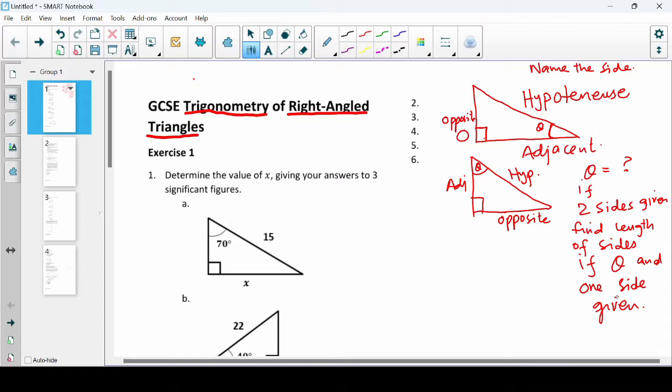So using the trigonometric functions, you can solve this type of questions.